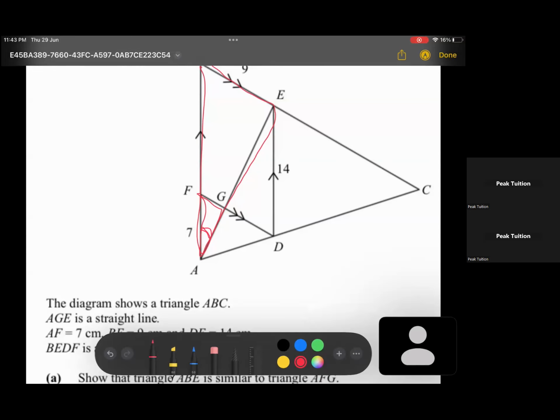As I mentioned, triangle ABE is similar to triangle AFG. So when I think about this common angle, first of all, I would say that angle GAF equals to angle... Since I picked GAF, it's as if I move the last letter here.